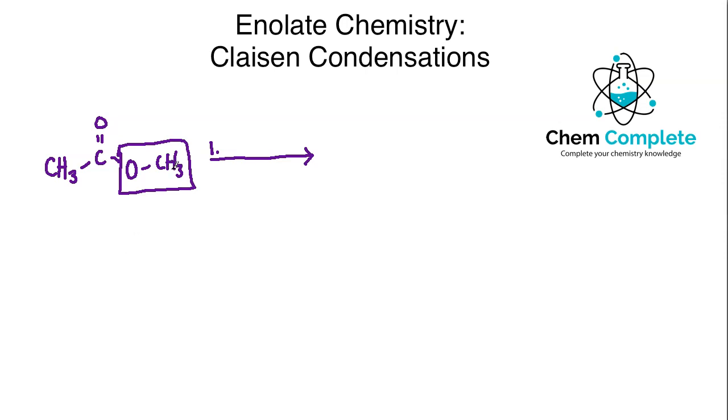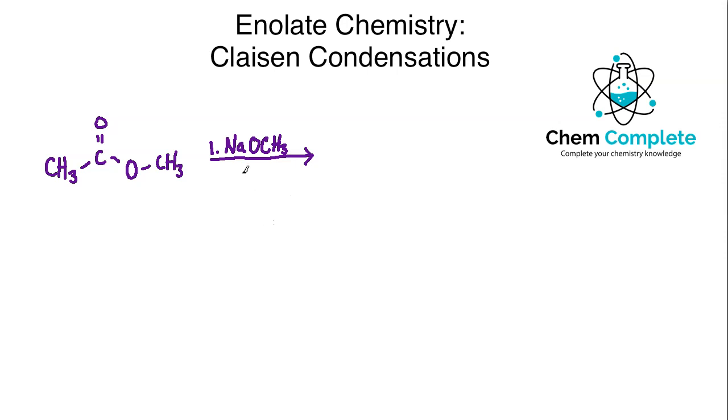Now, if this CH3 was a CH2 and there was another CH3 after it, it would be an ethoxide. And so we will typically see whatever this little chunk of the ester is as the corresponding base. And so what we will use for our base here is sodium methoxide in order to run the enolate Claisen reaction.